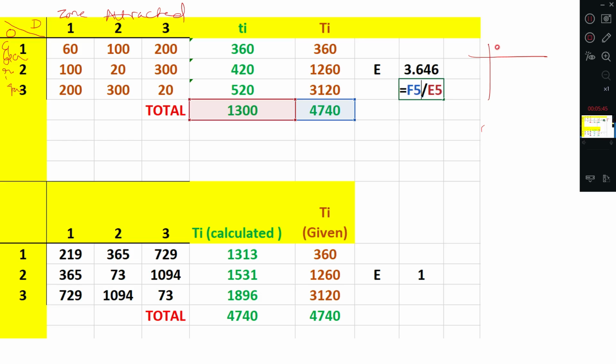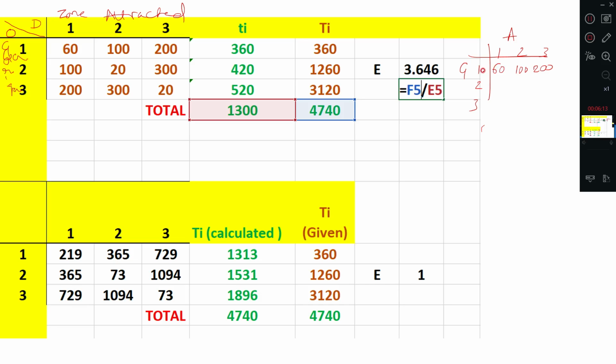How many zones are there? 1, 2, and 3. Between the zones, the number of trips generated and attracted is 60, so right here 60. Between zone 1 origin and trips attracted towards zone 2 is 100, right here 100. Zone 1 generated and zone 3 attracted number of trips are 200.